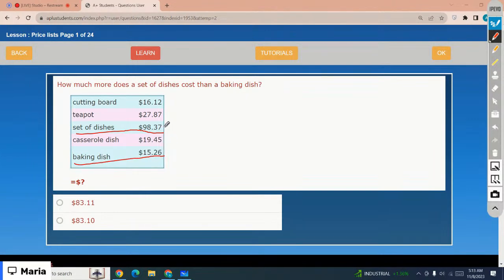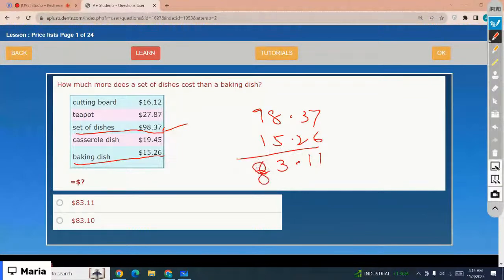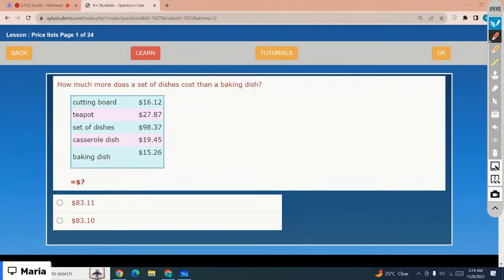You need to see how much more it is. So you have to subtract that. That means the set of dishes is 83.11 more than the baking dish. Got it? The correct option is 83.11.